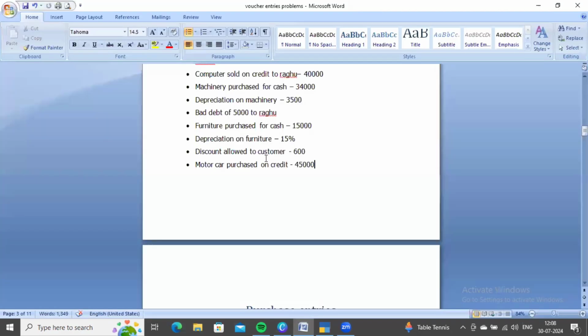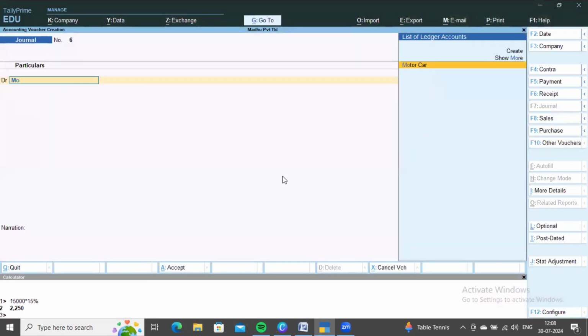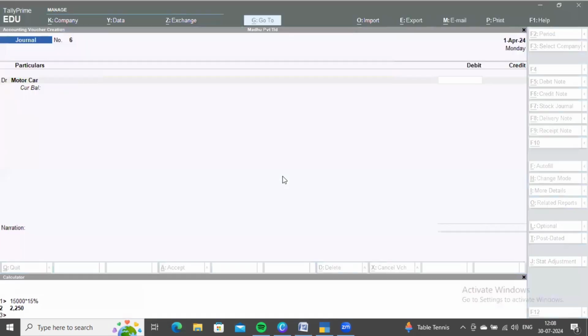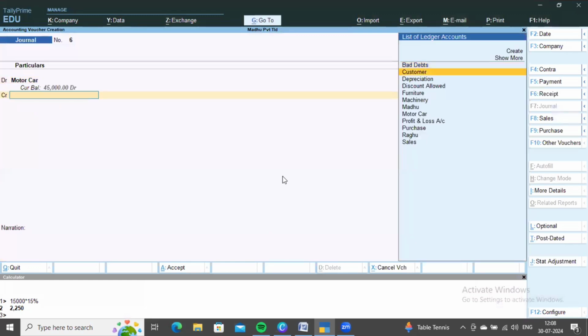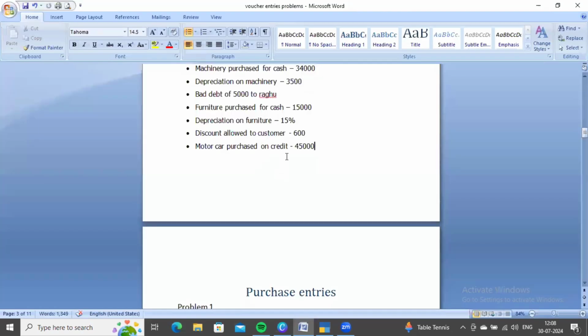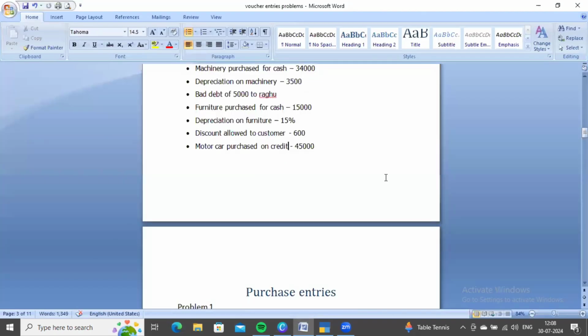Control A. Coming to motor car purchased on credit, here it is also a credit transaction, so it comes under journal voucher only. Motor car, how much? 45,000. We purchased from Venu on credit.